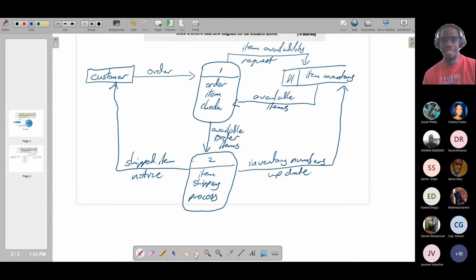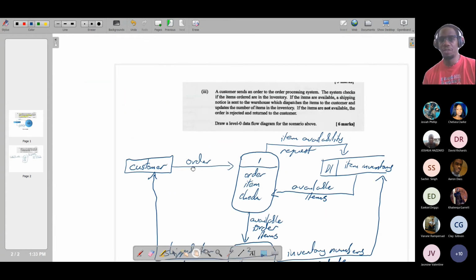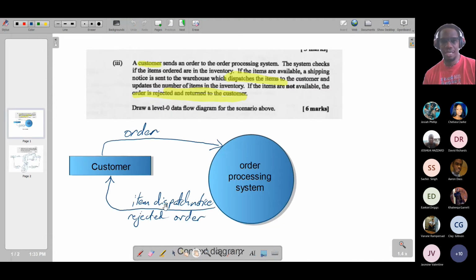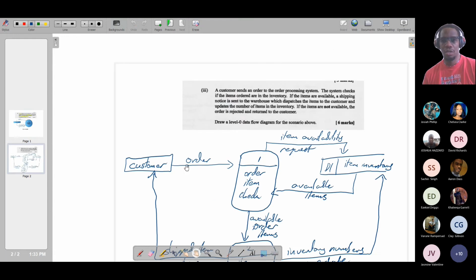If it is that the items were not available, which could be found out from here, then we will have what we call the rejected order, right? So we have the rejected order coming back from this process. So this is only two processes. This one was short.